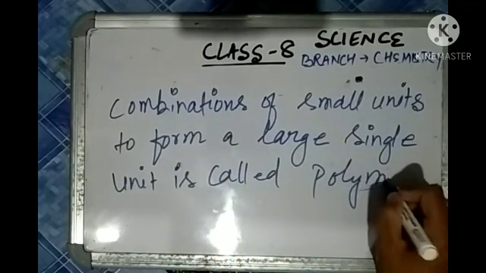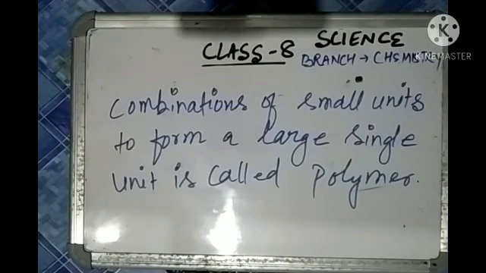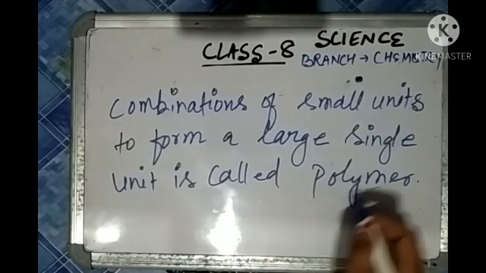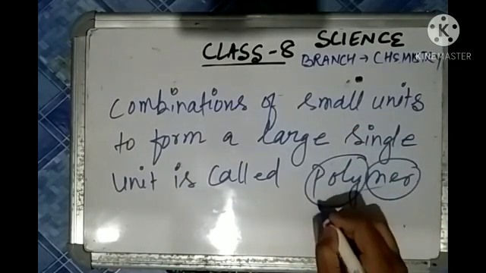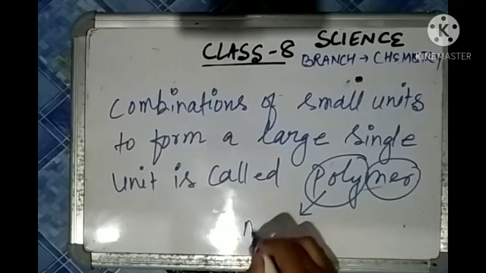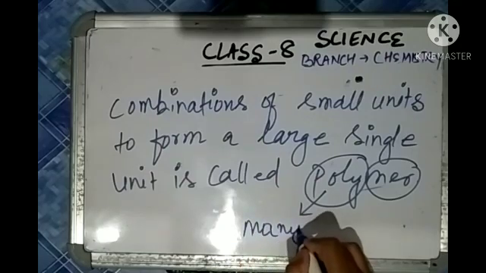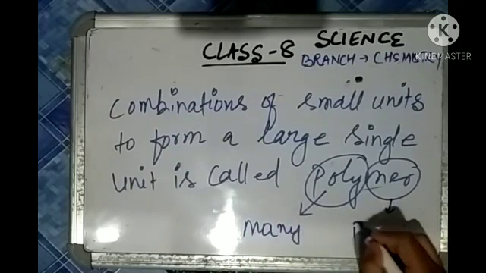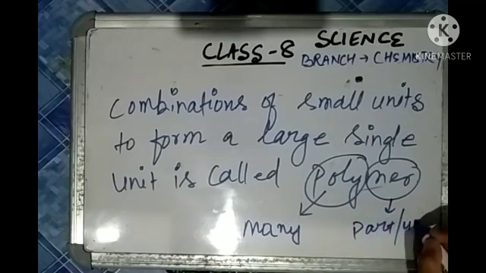So synthetic fiber is a polymer. What is meant by polymer? Poly means many and mer means part or unit. So synthetic fibers are polymers, and a polymer is the combination of small units to form a large single unit.